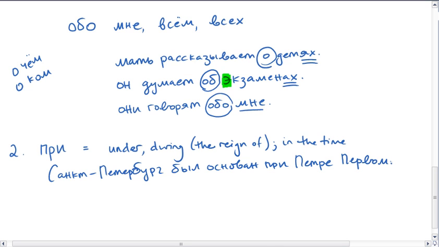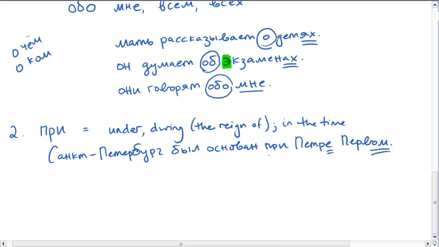Санкт-Петербург был основан при Петре Первом. So during the time of Peter the Great, or during the reign of Peter the Great, St. Petersburg was established. So during the time of, or in the reign of.